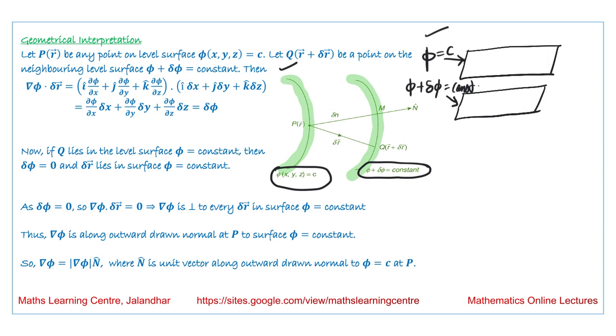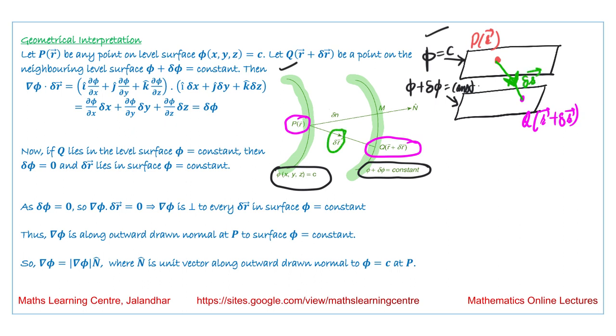Now suppose we have taken a point P on this level surface, and its position vector is r vector. We have considered another point, Q, on the other surface, and its position vector is r vector plus delta r vector. If we join both of these, the vector PQ is basically delta r vector.